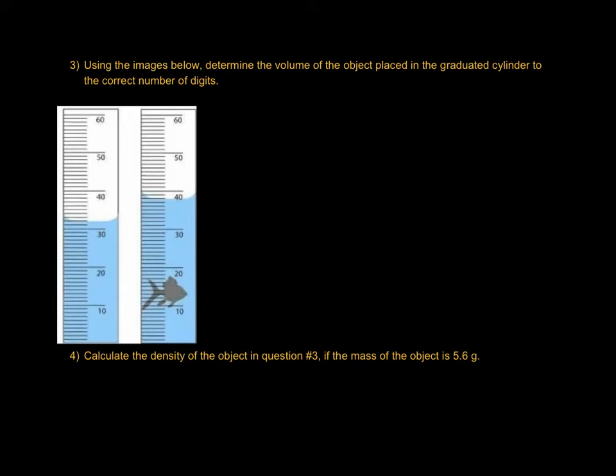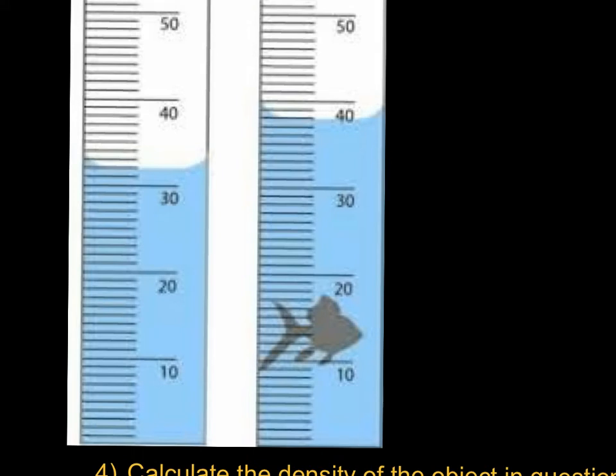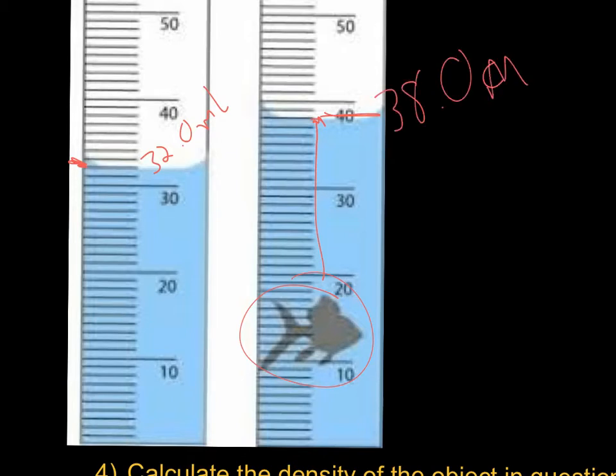What is the volume of the object in the graduated cylinder? So what you need to look at is that it started out with the line right here on what looks like the 32. So we're going to call that 32.0 milliliters with just the water. Once you add the fish in, it goes up from 32 to 38.0 milliliters.